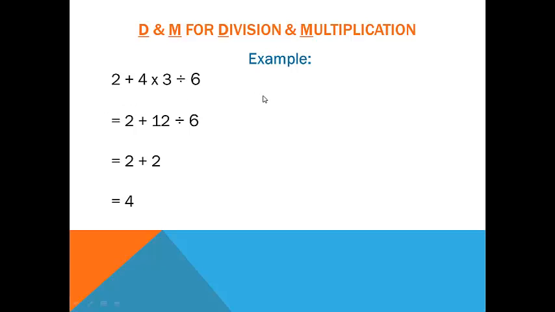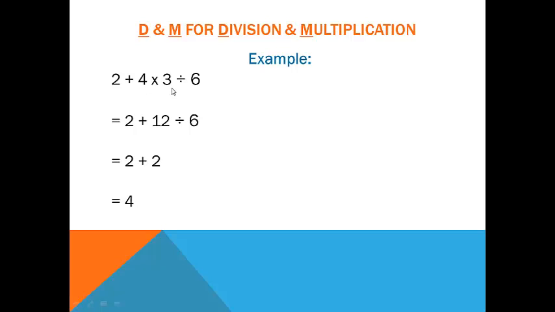So now let's look at this example where I have division and multiplication both in, and so I have 2 plus 4 times 3 divided by 6. So I'm going to ignore the addition here because that doesn't come till later in BEDMAS, and I'm going to start off with this multiplication here because it is to the left of the division sign.